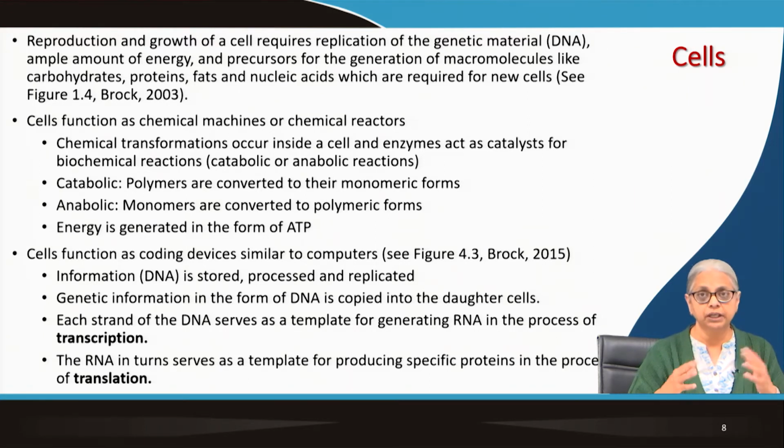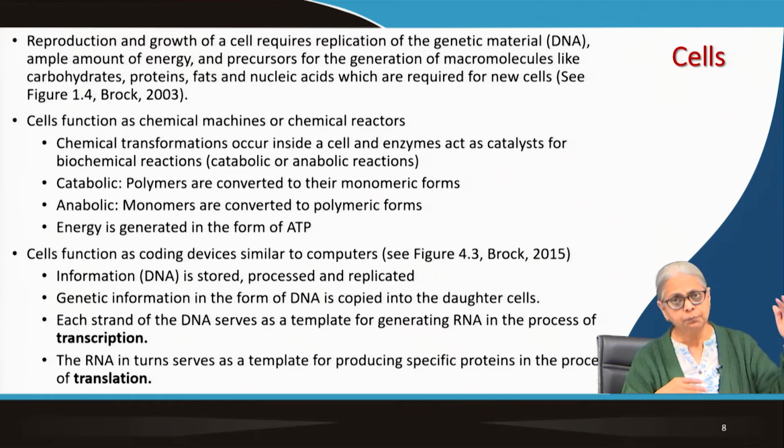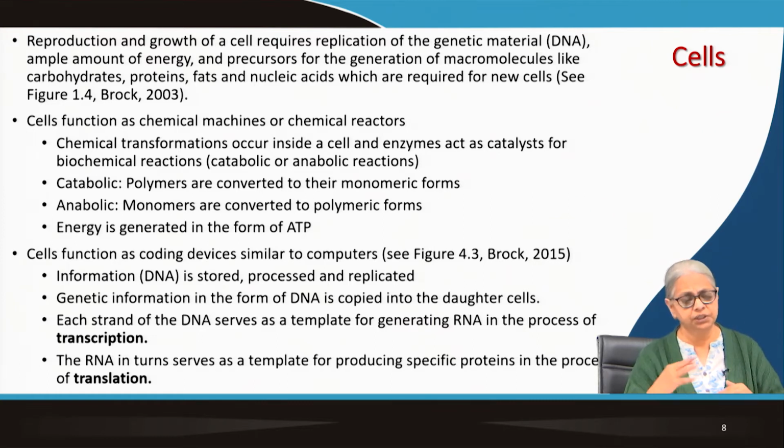So whether they are catabolic or anabolic, catabolic means breaking down and anabolic means building up, and so you have polymers being broken down to monomers, which is catabolic, and then monomers being used to build new polymers, and that's anabolic.